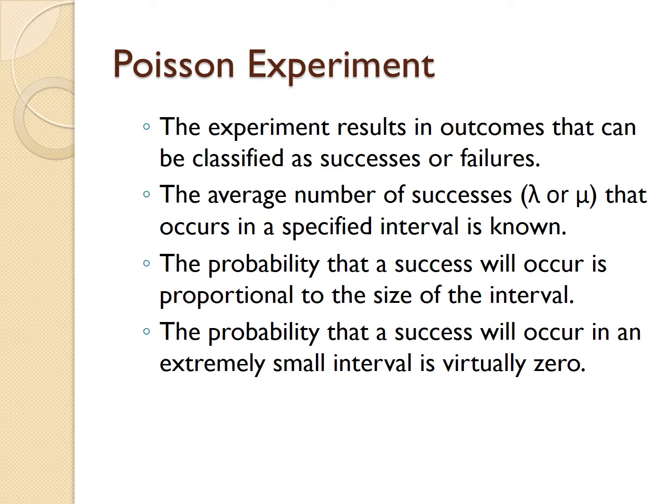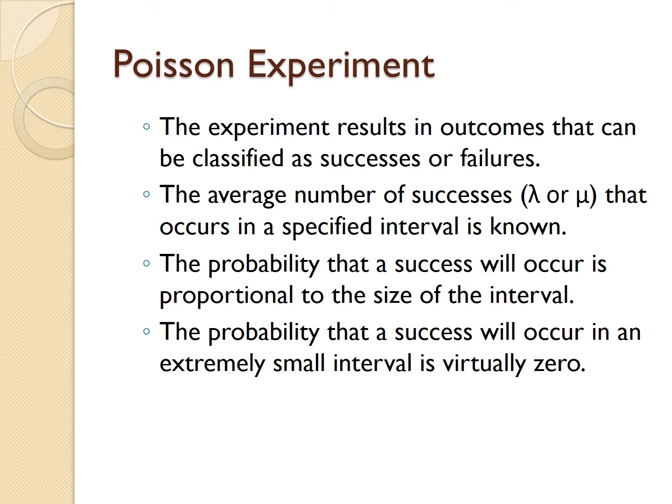A Poisson experiment is a statistical experiment that has the following properties. First, the experiment results in outcomes that are classified as successes or failures. Second, the average number of successes, which is often presented as lambda or mu, that occur in a specified interval is known.